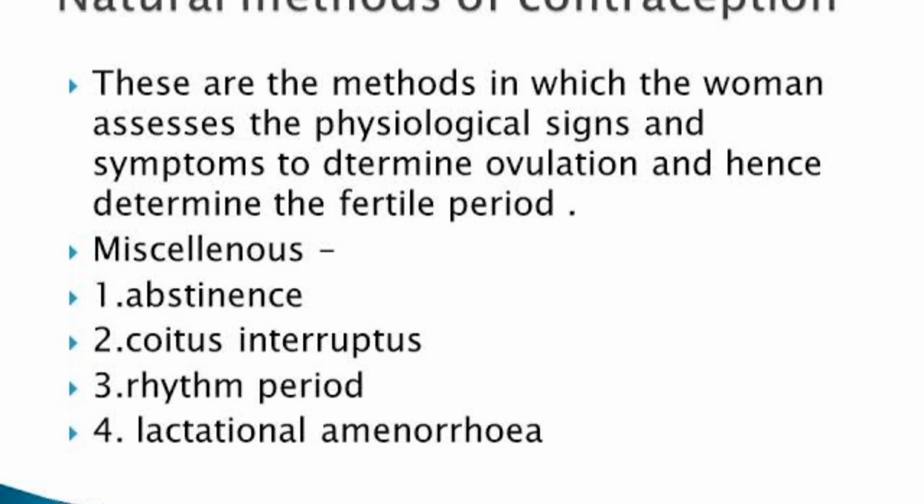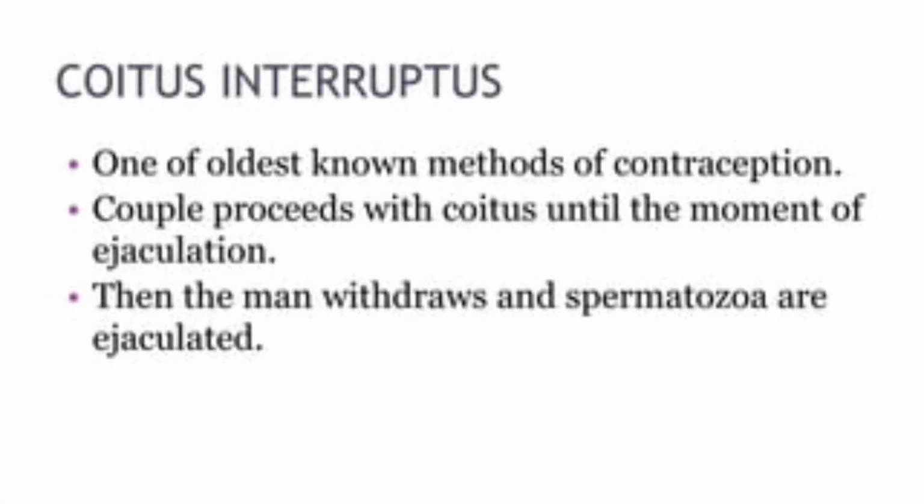The first method is called coitus interruptus. In this method, the penis of the male is withdrawn from the vagina of the female before ejaculation, so that the entry of sperm into the female reproductive tract is prevented. So fertilization will not occur, and there is less chance of pregnancy.